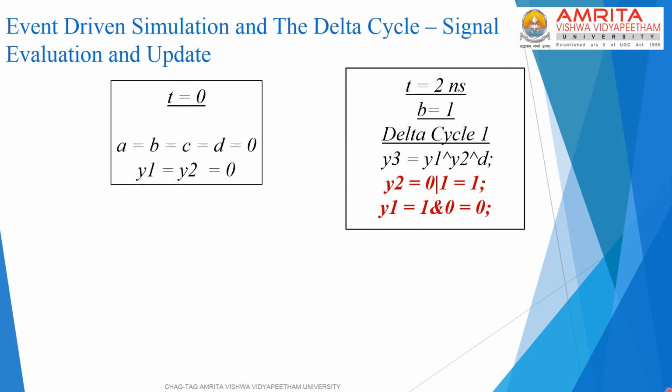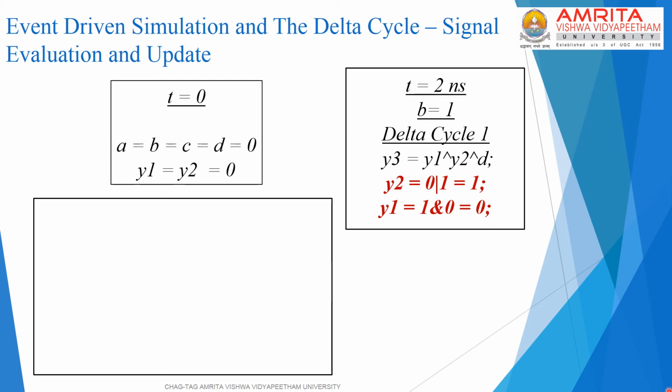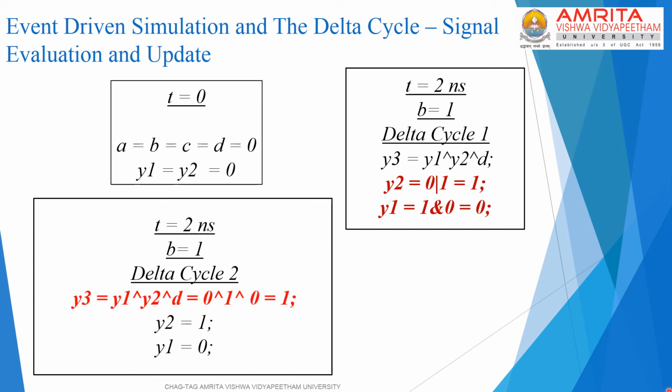Therefore, the change in the value of Y2 sets off another cycle of computation. So in this cycle of computation, which is delta cycle 2, the logic value of Y3 is evaluated, and it is found that Y3 now changes from its initial value of 0 to a value of logic 1.